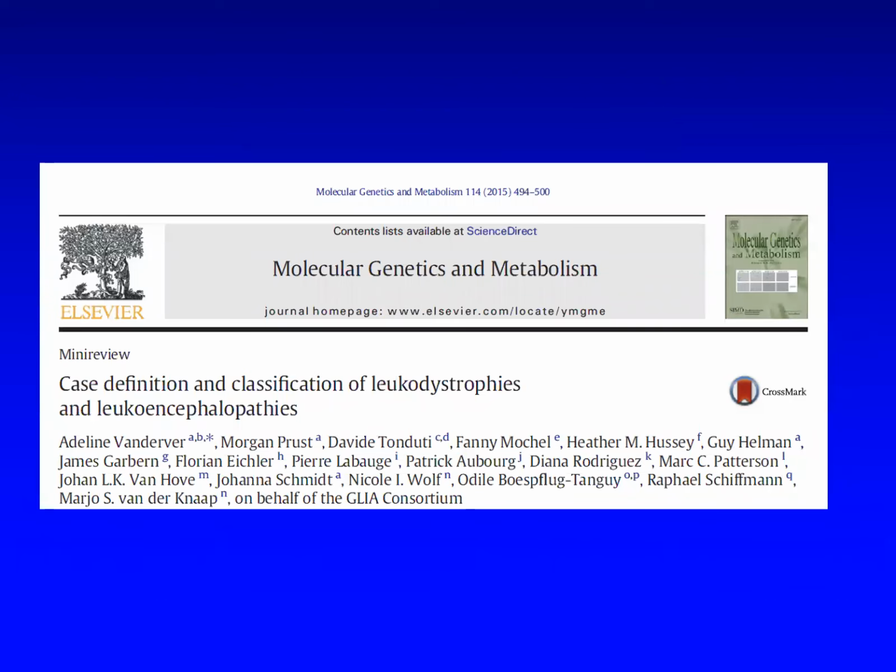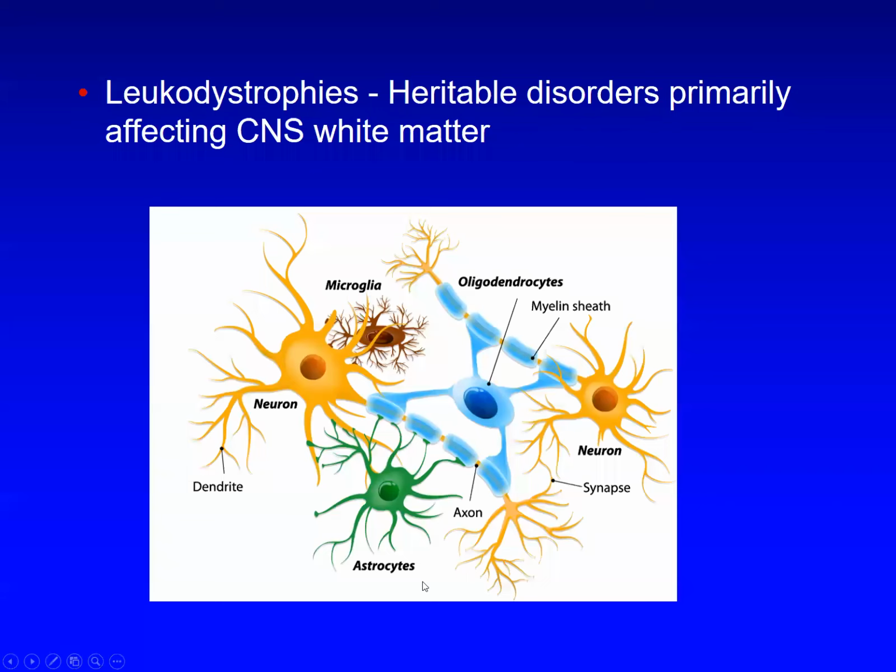So what exactly is a leukodystrophy? Well, this term has actually been, I think, changed a few times. And there is a Global Leukodystrophy Initiative that got together around 2015 and tried to propose a more standardized and refined classification of leukodystrophies.